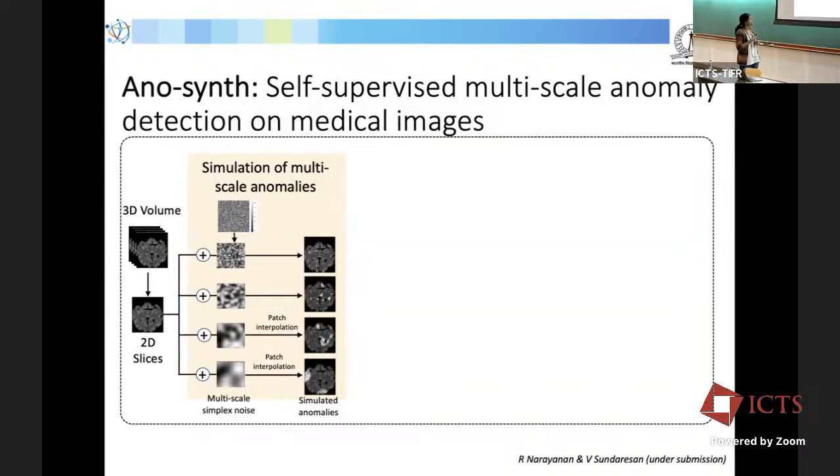So we interpolate these anomalies on the original input healthy image. So now the image looks like it has anomalies when we interpolate or add these regions to it. Once this happens, these examples can be given as training examples for the model. So we are not using real lesions, but we are simulating real-looking lesions.